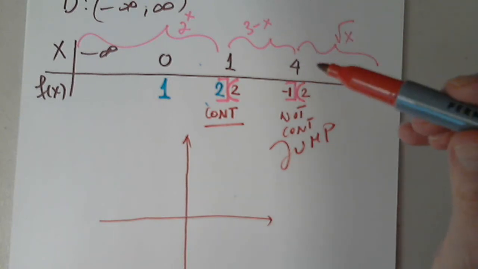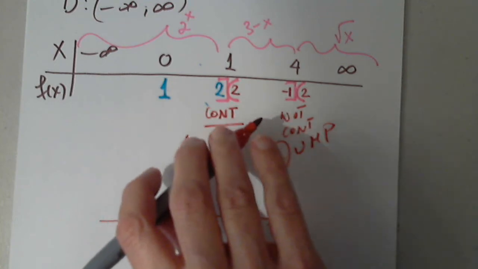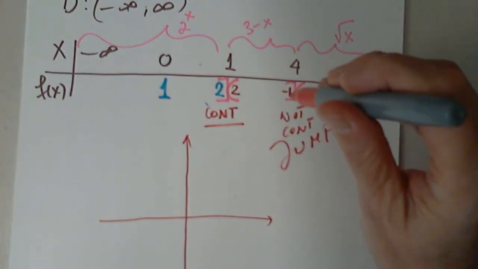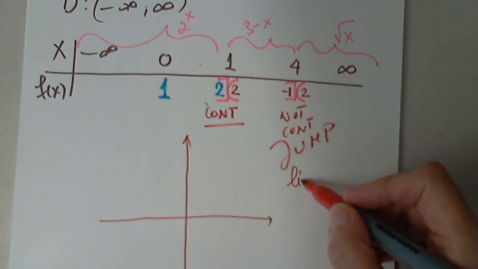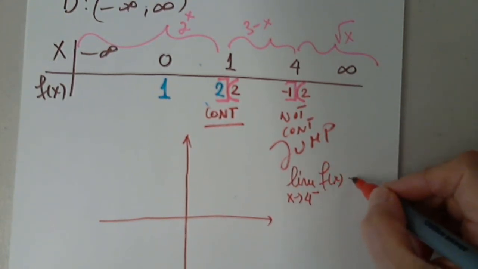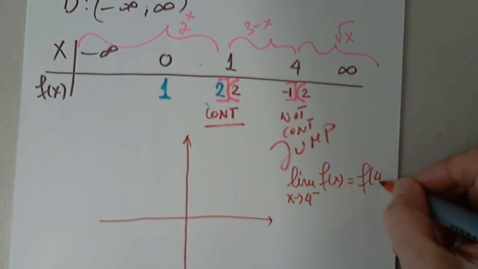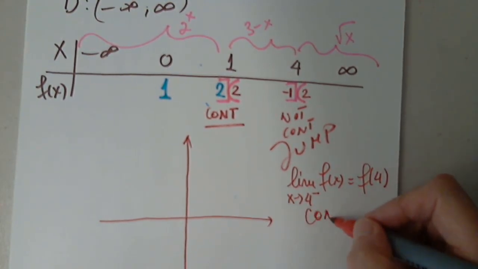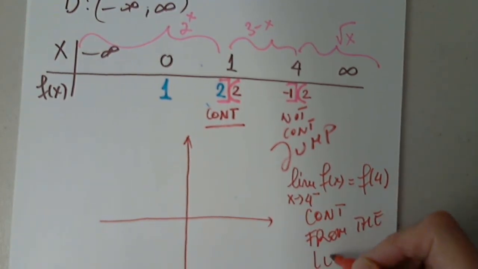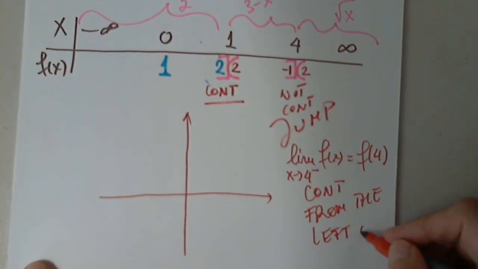No. No, just the left. Just the left, of course. Yes, because the limit from the left of 4 equals the function value at 4. So the limit as x approaches 4 from the left of f of x equals f of 4. So continuous from the left of 4.